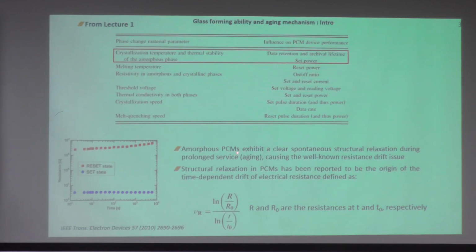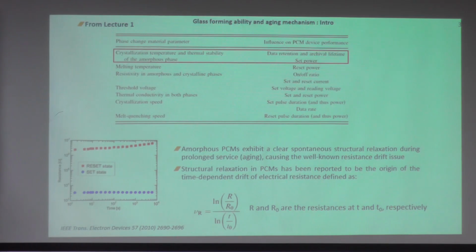The resistance drift is defined by this equation: logarithmic R divided by R0 over the logarithm of T divided by T0, where R and R0 are the resistance at time T and T0 respectively.